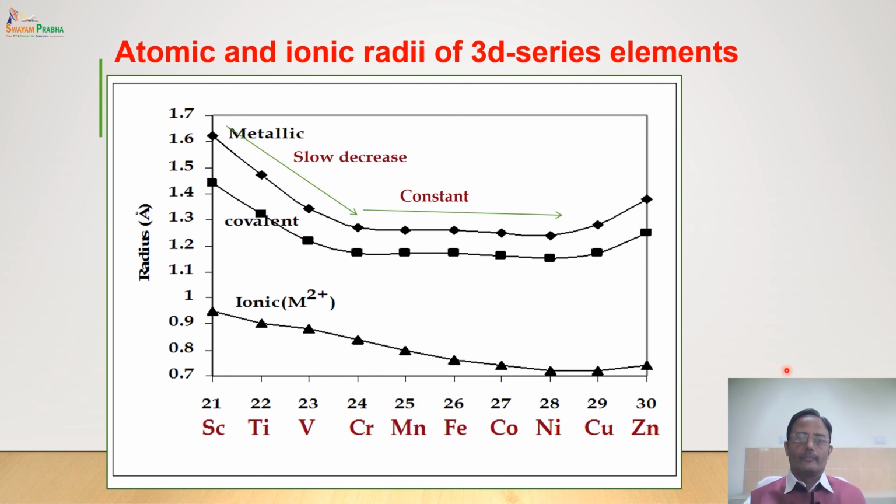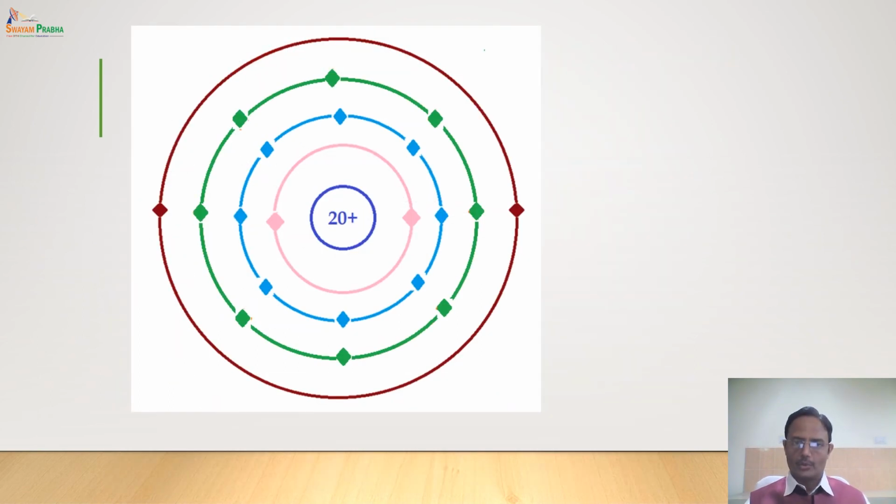Then the atomic radius almost remains constant from chromium to nickel, and then it increases from nickel to copper to zinc. Now why is this type of trend observed? Normally what is expected? A continuous decrease. But what we are observing? Slight decrease, constant and increase. Now why is this so?